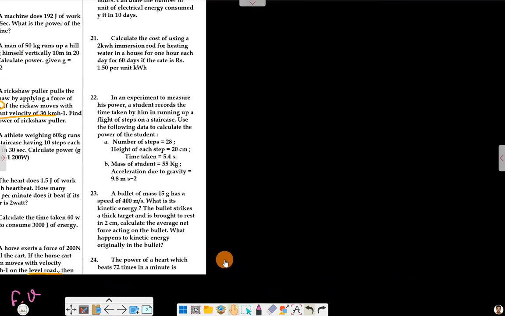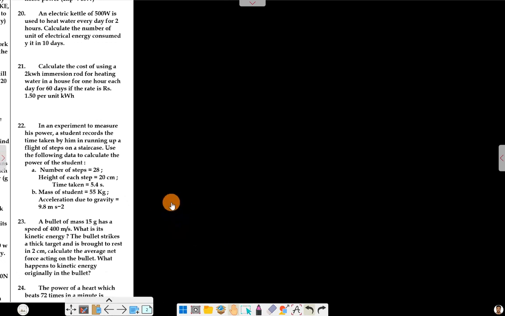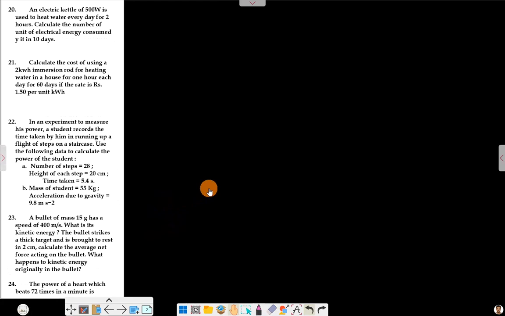So now we'll move to question number 20. In question number 20, it is mentioned that an electric kettle is there and its power is 500 watt. Keep in consideration that whenever any instrument is mentioned and its power is mentioned, that power is hourly, meaning in 1 hour it uses 500 watt, not our normal joule per second.